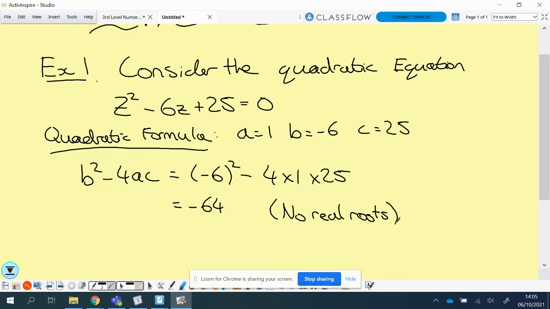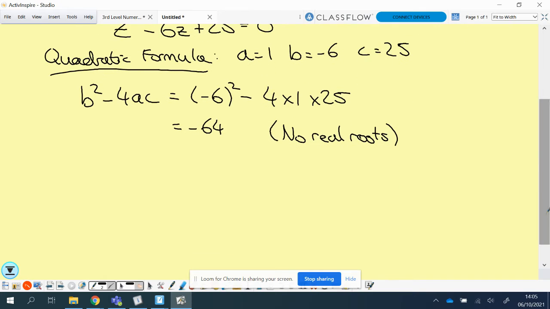Whereas at Advanced Higher, we are able to find the roots. The difference is our roots are now going to have to be imaginary. So let's go further into the quadratic formula and put negative 64 into the square root. z would equal negative b plus or minus the square root of b squared minus 4ac, all over 2a.